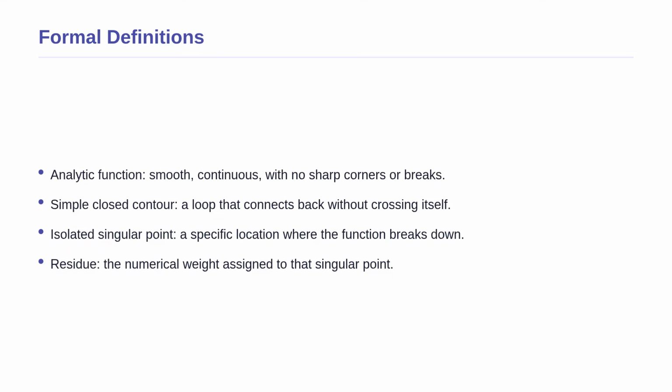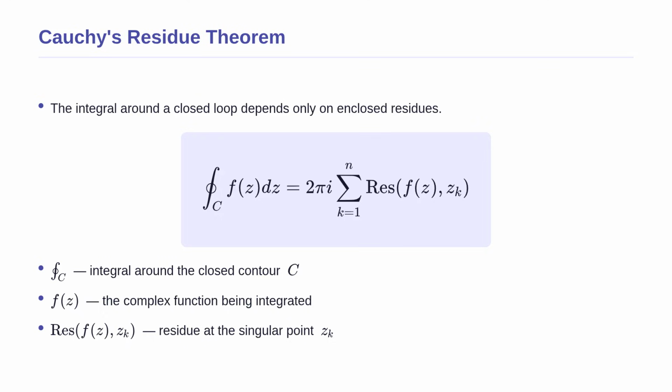An isolated singular point is a specific location where the function breaks down, like dividing by 0, but is completely surrounded by normal, well-behaved points. Finally, a residue is a specific numerical weight assigned to that singular point, representing how severely the function blows up there.